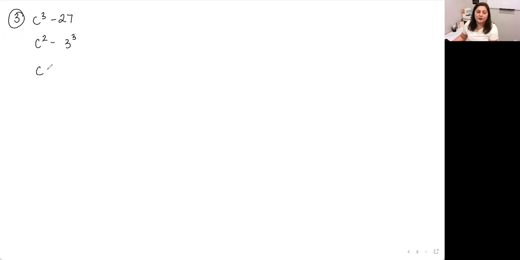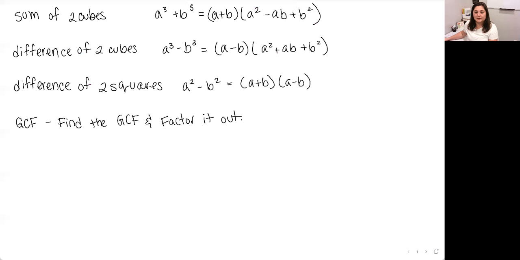So realistically, I know I'm going to have c minus 3, and then after I factor that out of here, I'm going to have c squared minus 2 times 3 times c plus 3 squared. Oh, sorry, it's without the 2.